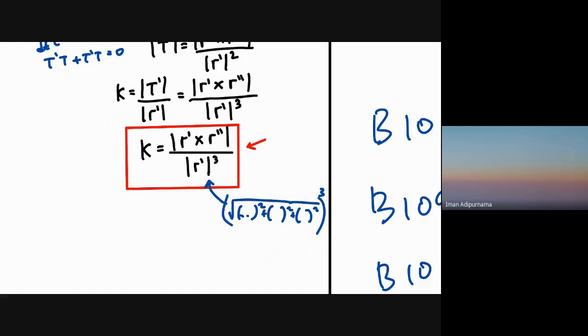Okay. And don't forget how to calculate cross. Okay. Cross using i, j, k, and then insert your values and calculate.